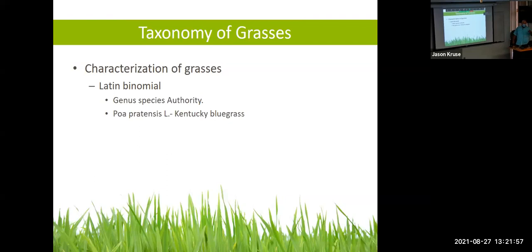If I taught all of you in here that St. Augustine grass was silly sour grass, and we were all talking to each other, that would be fine, because we would all know what we were talking about. But when we left this room, or go to another state, or another part of the country or the world, we'd be like, well, what is it?